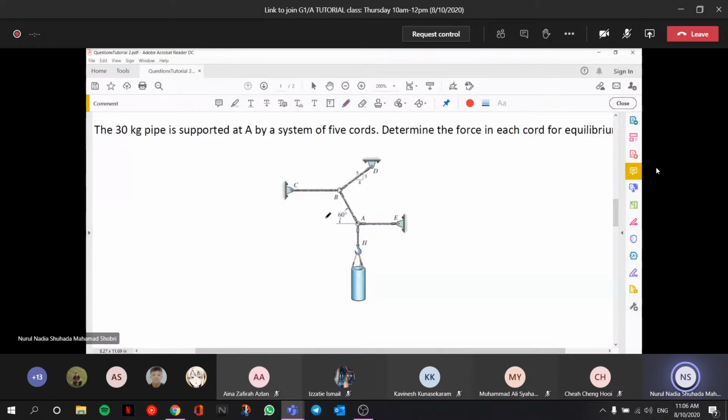There are 3 different points, which means you have to draw 3 separate free body diagrams. So the first one would be here. This is the free body diagram for the pipe.